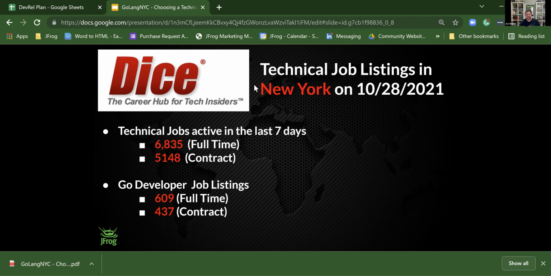But the bottom line is Go is an important enough language in the ecosystem of technology these days that it is ranked very high. In fact, nearly 10% of all full-time jobs listed Go in the description as an important skill set or a good skill set to have. So just some insight there in reference to what the current demand is in the marketplace.